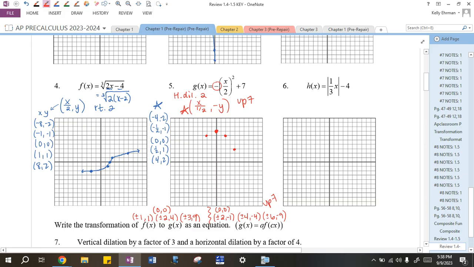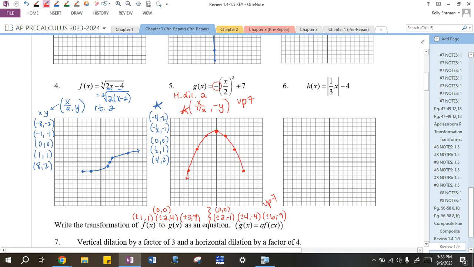And again, use symmetry, so 4 units across, 4 more units puts me there. So see how you're getting that symmetric shape. And finally 6, negative 9. And then we go up 7, so that would bring us here. And then we can reflect that over here. And I'd say that's a pretty good parabola there.